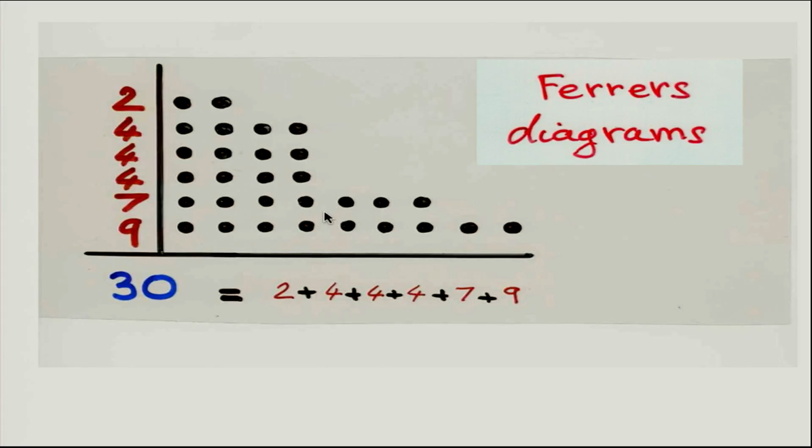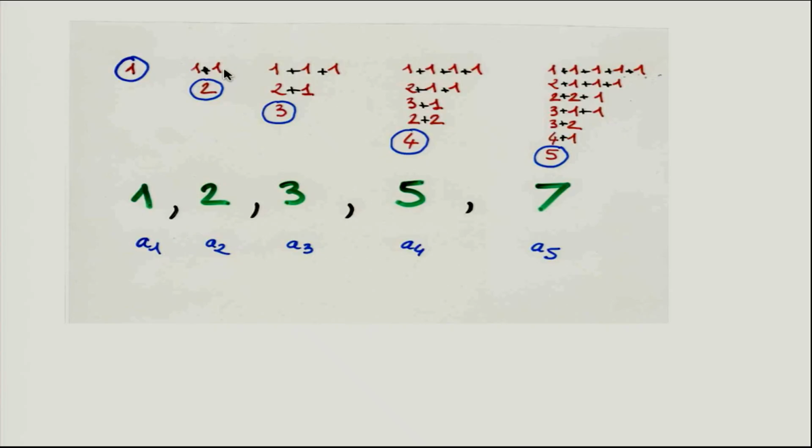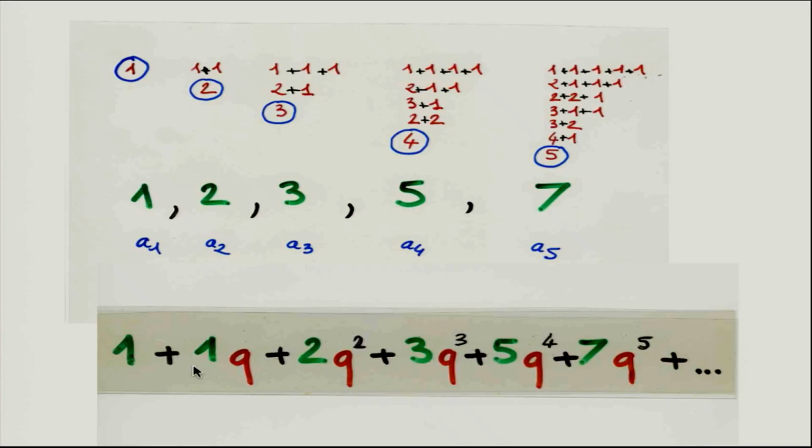And then there is a generating function for partitions of integers. Here I am counting the partitions of 1, 2, 3, 4, 5, and the numbers are 1, 2, 3, 5, 7, etc. So the generating function is this formal power series. For some moral, philosophical, and historical reasons, we put a q instead of a t.